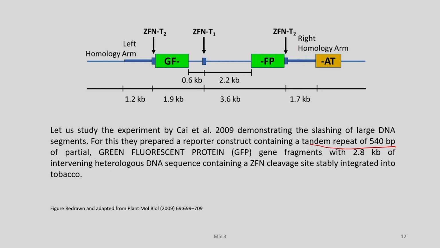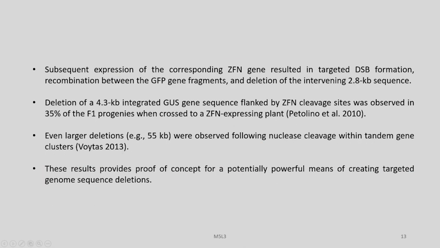So, this tandem repeat of 540 base pairs of partial green fluorescent protein gene fragments has an intervening 2.8 kb of heterologous DNA sequence, and this contains an integrated ZFN cleavage site, and this is expressed in a crop, tobacco.